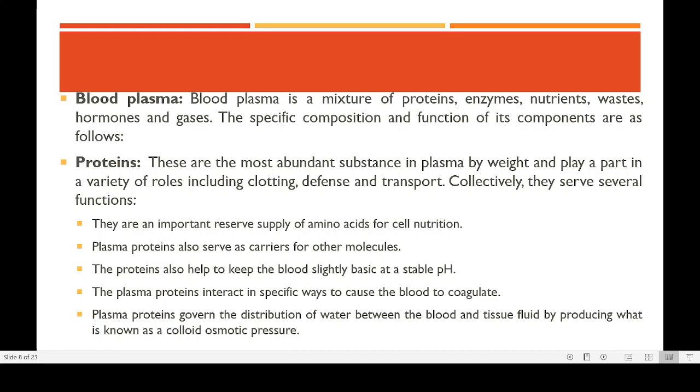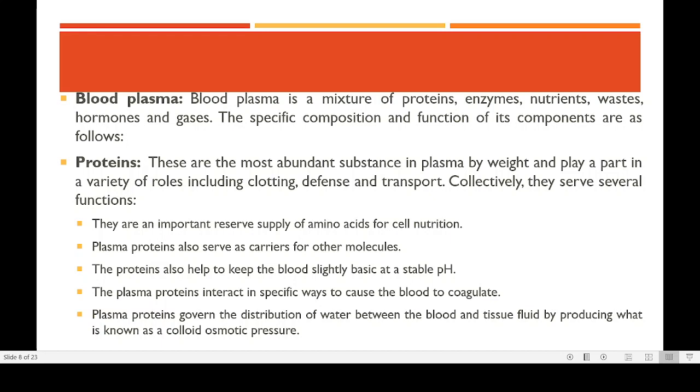Then another function is that it helps in coagulation. You know what is coagulation? When there is some injury in your body, there will be leaking of blood from there to the outside. That leakage of blood is prevented by clot formation.